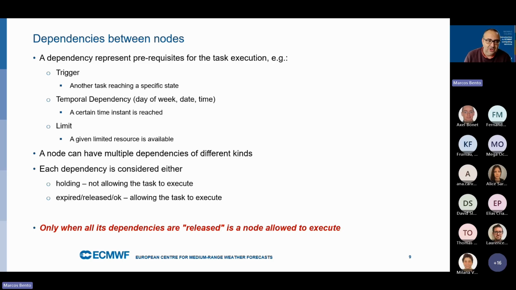It has expired. Or it is released, in the sense of the trigger. It was released, and the task can be executed. Only when all dependencies are released is a node actually allowed to execute. That's important, right? It's not just, oh, I have the CPU available. No, it's: I have the CPU available, it is past 12, and it's the first of the month, right? All of the dependencies have to be released or expired for the task to actually run.